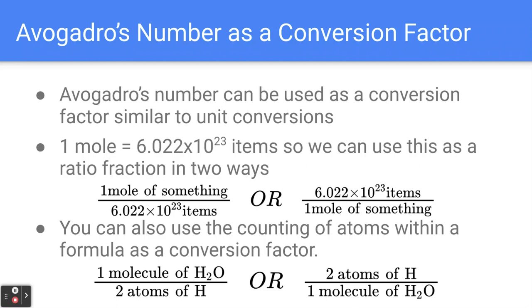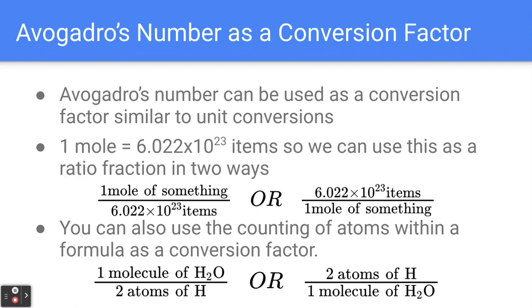And when I say items, I mean atoms for elements, molecules for diatomic elements and covalently bonded things, or formula units, which are ionic compounds. And so if we want to get between one of those three things, atoms, molecules, or formula units, we're going to use Avogadro's number and 1 mole.